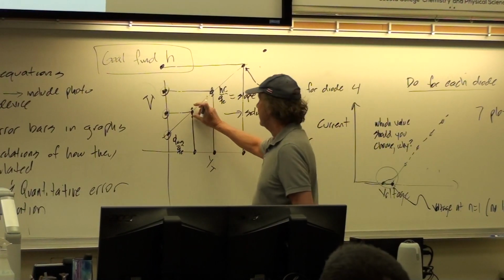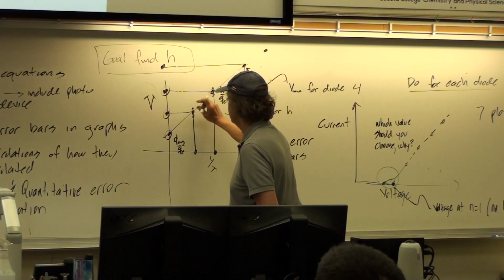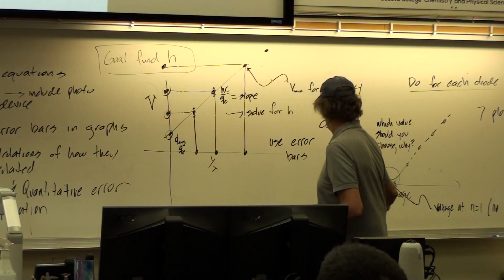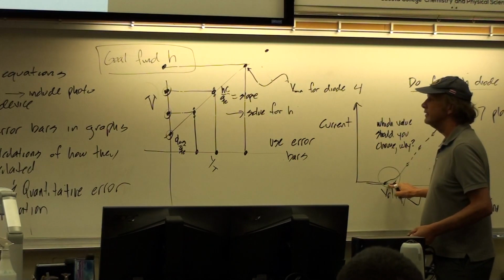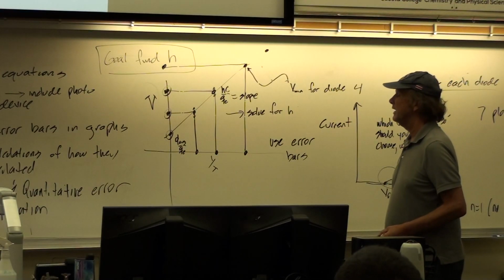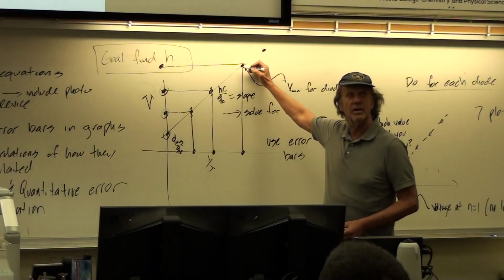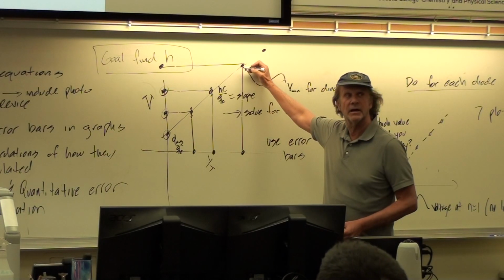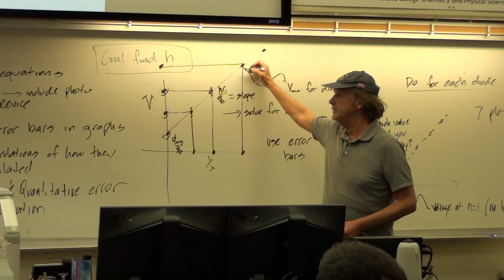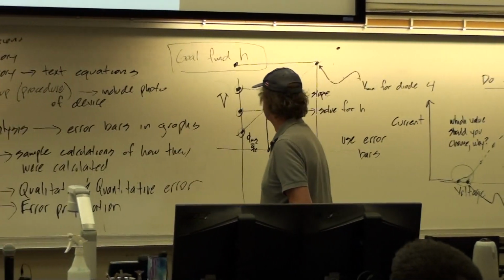And so your error bars then could indicate the limits of the difference that was chosen by that. But then that would result in a new computed slope that would have a different final result. And so we could see then how did that error propagate.